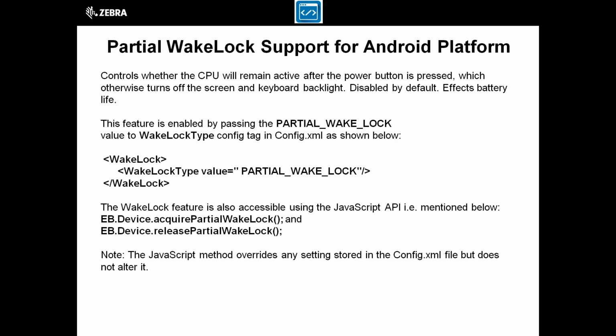In such cases, our JavaScript function which needs to be invoked at a certain time interval is not being executed from the enterprise browser application. Now with this feature, when the user acquires the partial wake lock, the CPU will remain active, which means that at any interval, if any JavaScript function needs to be invoked from the enterprise browser application, it will be in runnable state and will be invoked properly.